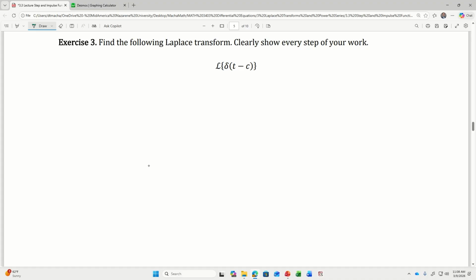So now we might want a Laplace transform of the Dirac delta function, and this one is a little bit trickier to find. It's going to involve taking a limit.